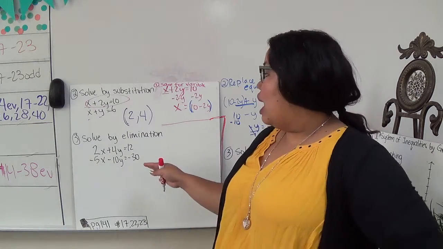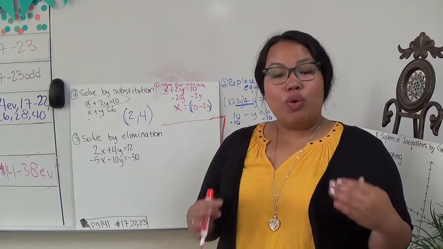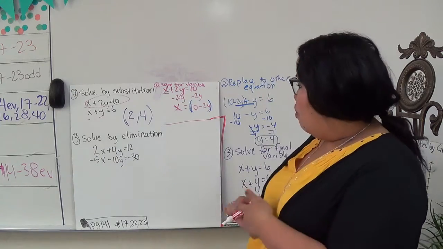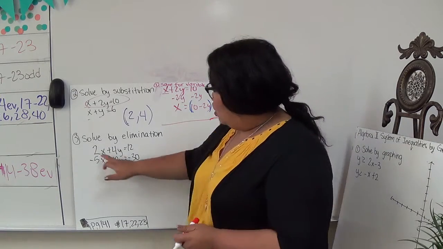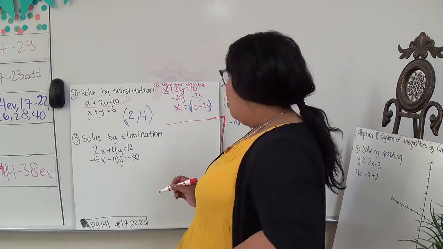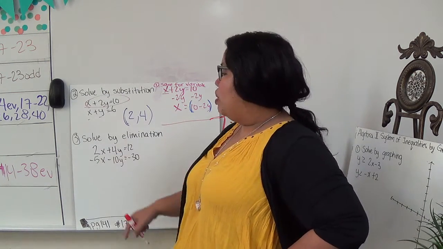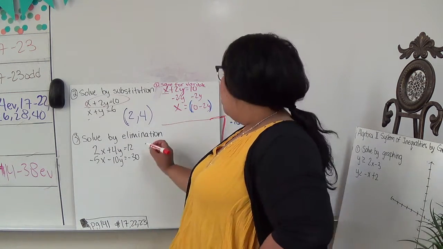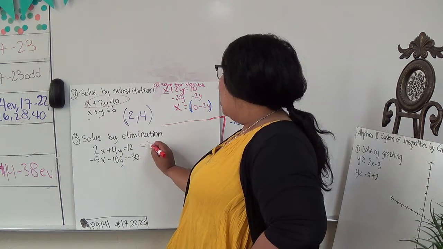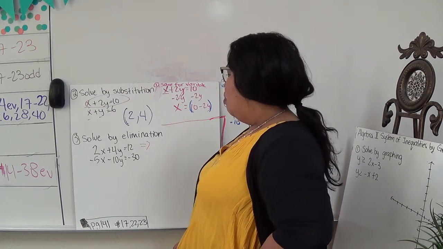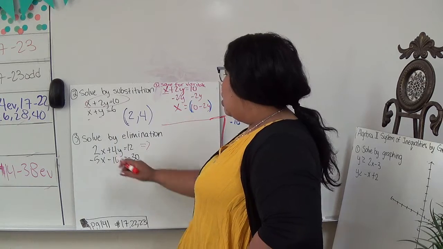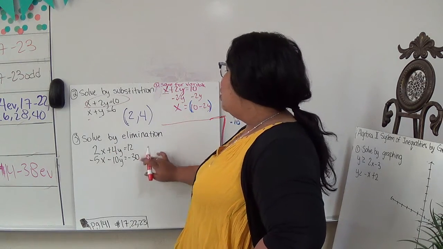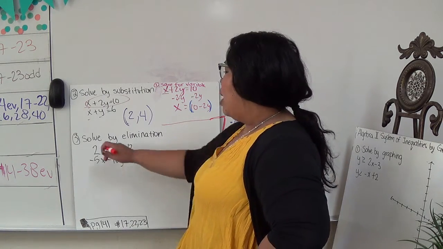But in this case, I'm going to manipulate entire equations to get rid of the variable. For example, look at 2 and negative 5, right? A common multiple that they have is 10. So what I want to do is change this into 10. Well, in order for me to change this into 10, I have to multiply this by 5.